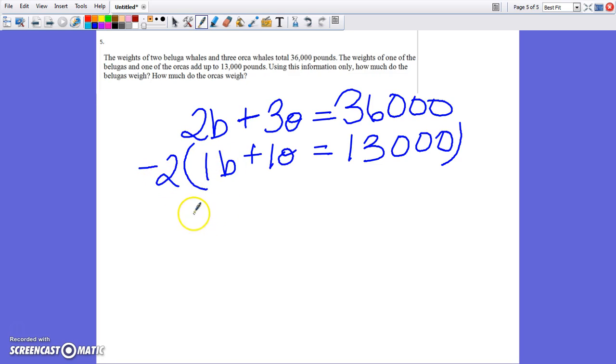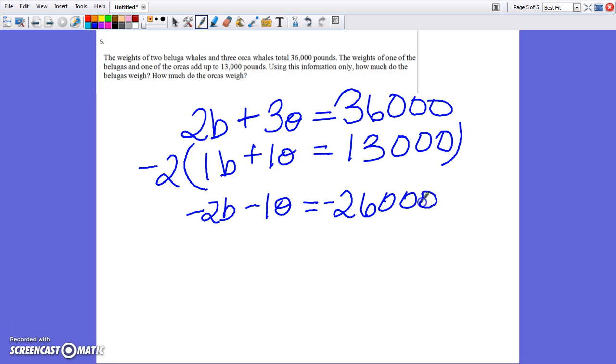So -2 times 1b is -2b. -2 times 1 orca is -2 orca. I'm just saying the 1 because it really helps me write this problem. As we all know, mathematicians don't have to have the 1 there, but I'm going to keep it for now. Equals -2 times 13,000, which is -26,000.